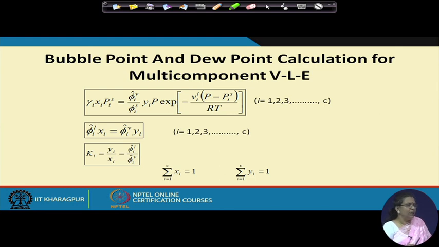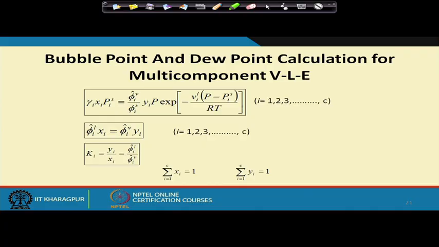The bubble point and dew point calculations we have been discussing are for binary mixtures. If you are going for multi-component VLE data, the same procedure applies. We just need to remember that instead of working with 2 components, we will be working with more than 2 components.